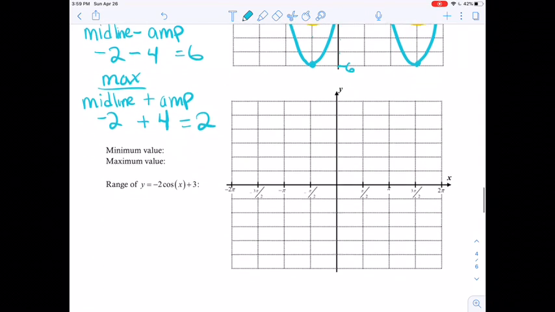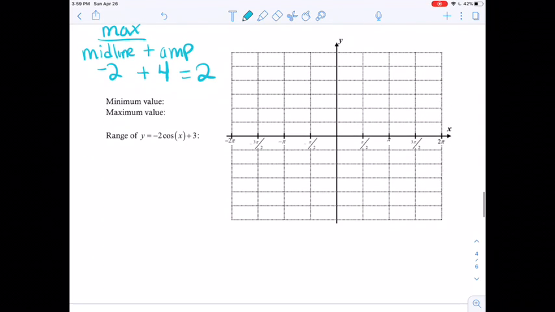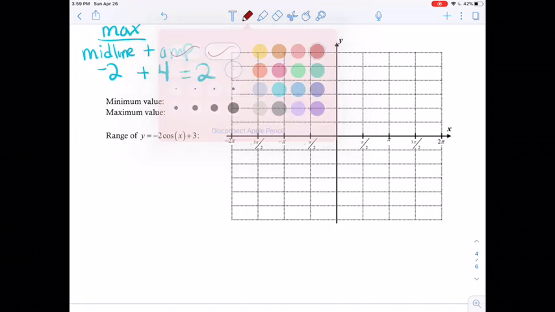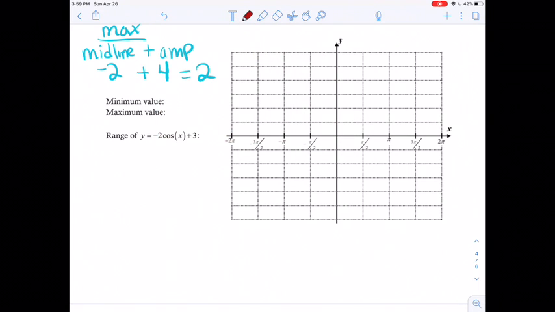Okay? So let's try to graph our next function here. So my next function is -2 cosine x plus 3. I look here, I know my new midline is at +3. I'm going to draw that in. 1, 2, 3. Draw your nice dashed line across.